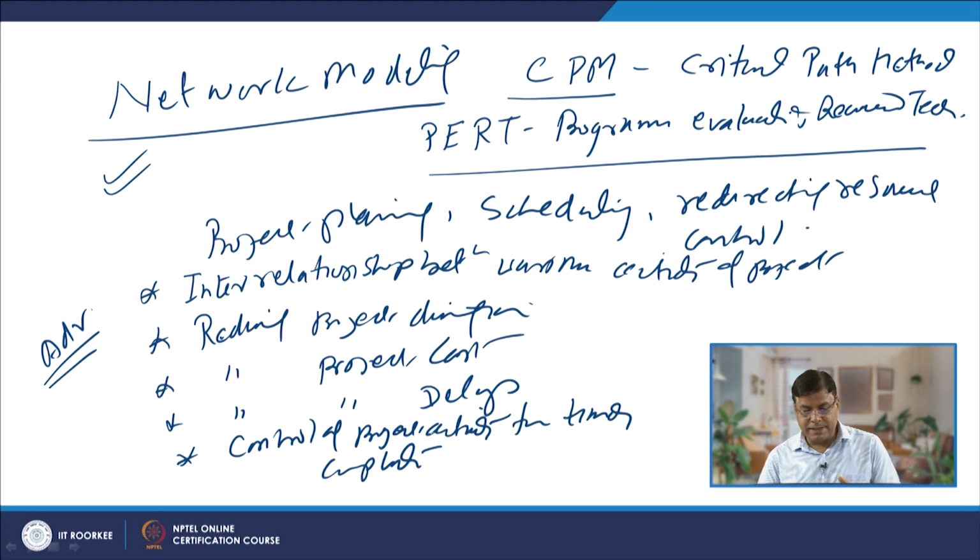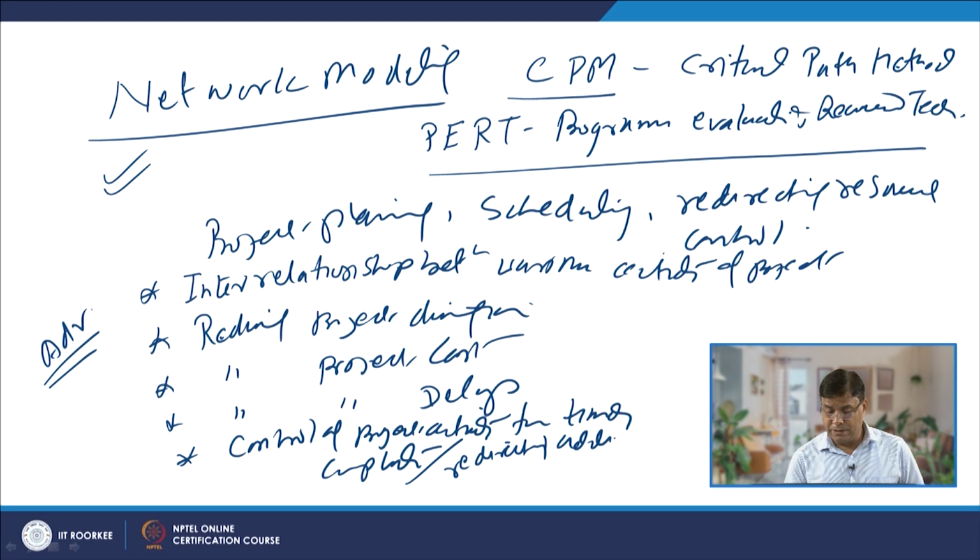If it is realized that certain activities have been delayed and the entire project is expected to get delayed, then it can help in proper control of the project through redirecting the additional resources needed to crash the time required for performing certain activities which are necessary for timely completion of the project.